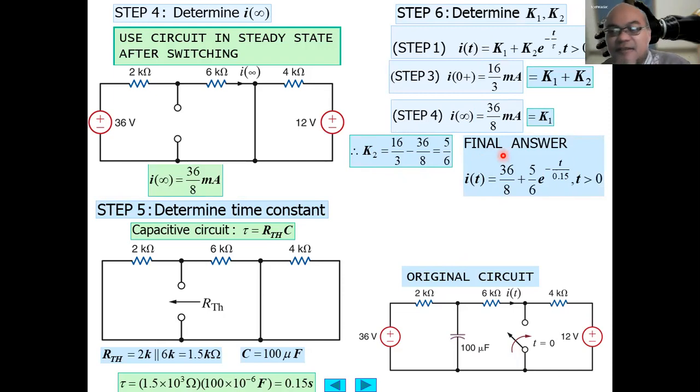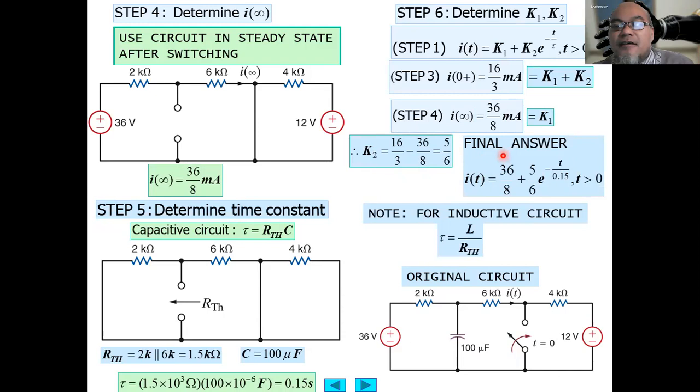I think it's quite clear. For an inductive circuit, on the other hand, the value of the time constant will be the inductance value divided by the RTH.